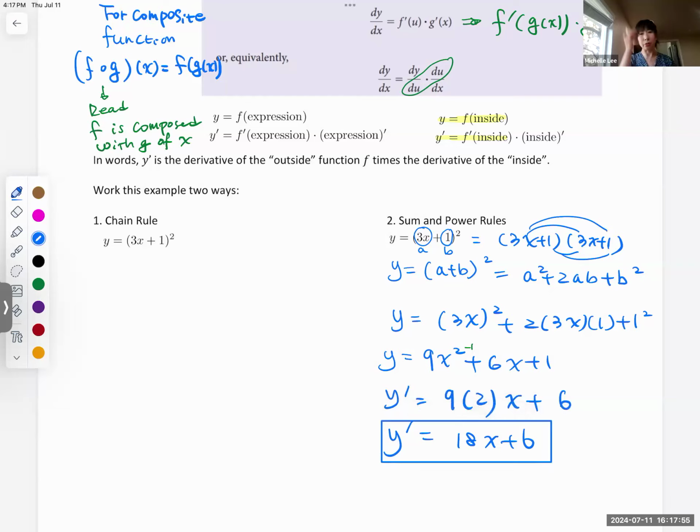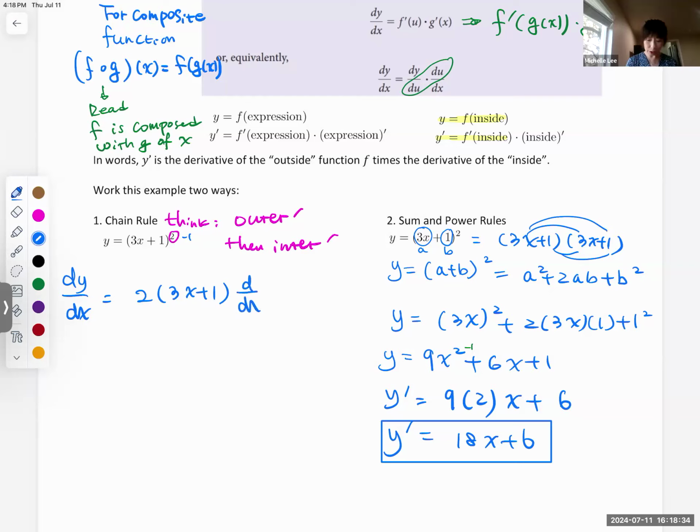Okay, now the chain rule. Outer first, then inner. Here, outside, inside, the same thing. Outer is this one, right? So we drop the power, dy over dx. Drop the power, reduce by 1: 2 minus 1, which is 1, we don't have to write it down. Now, inner.